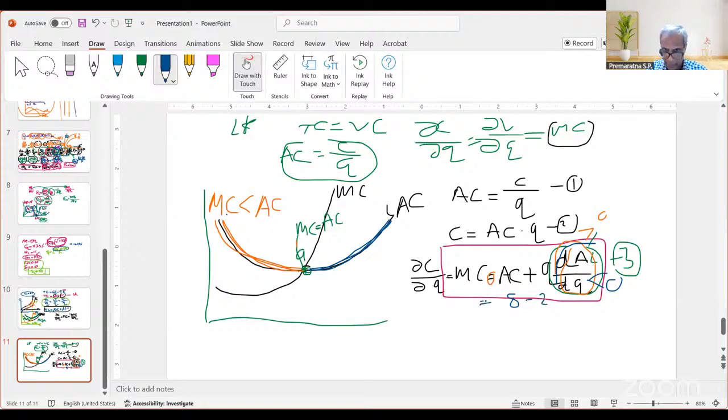The marginal cost, the slope here is not negative, this is the positive side. If it is positive, adding to the average cost, the marginal cost must be greater, like a 10. In this range, the marginal cost must be greater than the average cost.